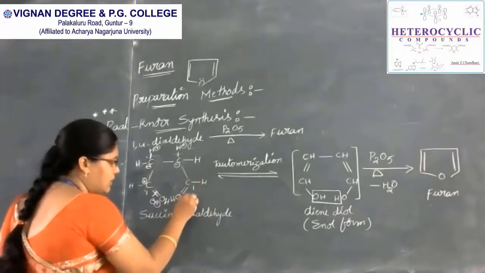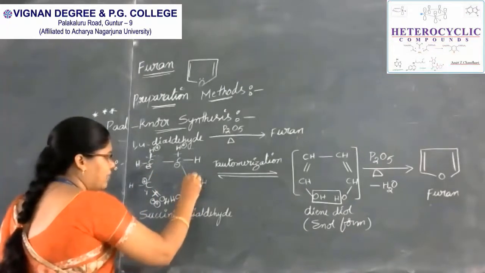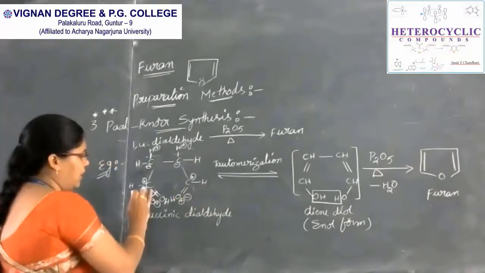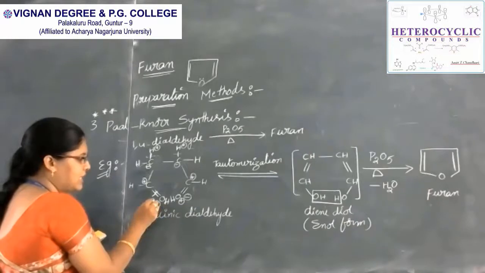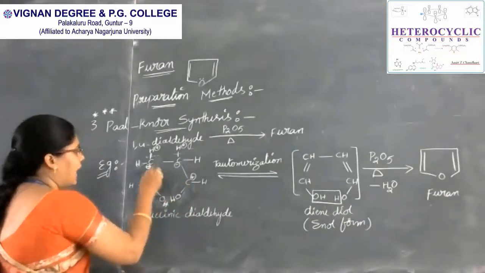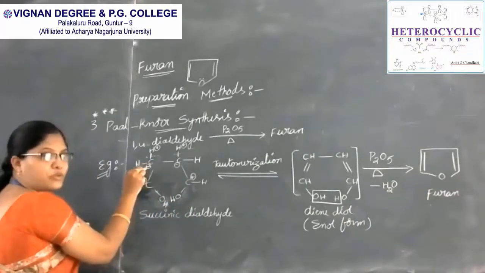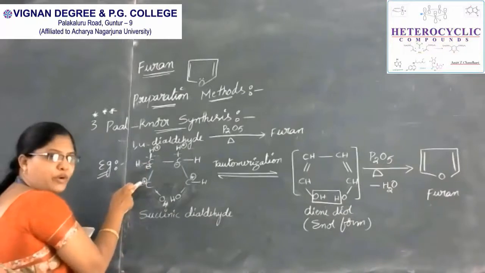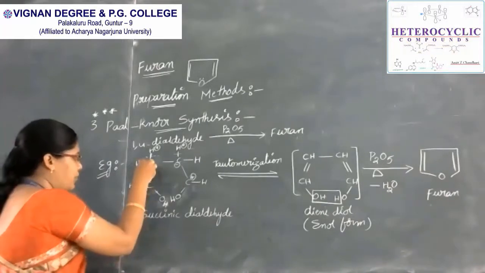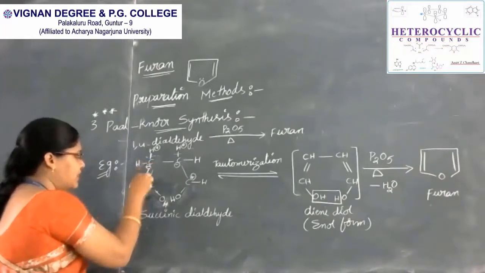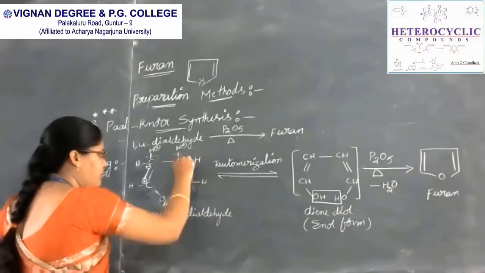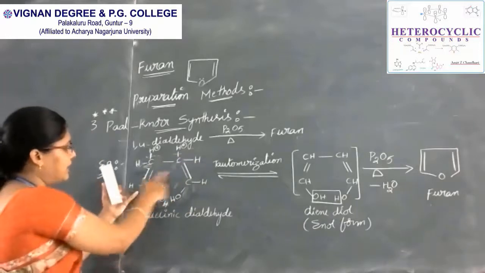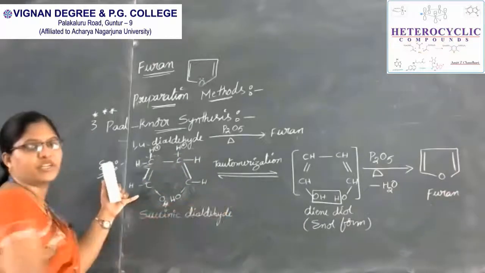Here also oxygen gets a negative charge and carbon gets a positive charge. See here, the positive and the negative charge get neutralized. And here, this carbon is having negative charge and this carbon is having positive charge. A new bond is formed between these two carbon atoms, and here also a new bond is formed. We are getting the dienediol structure.